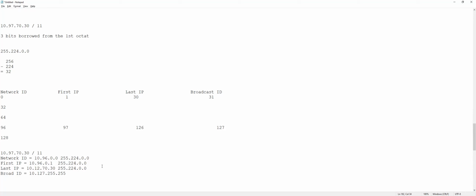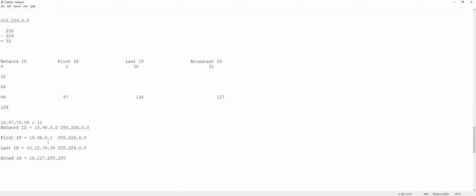Wait. Let's make sure we're not confused here. First IP, 10.96.0.1, okay, that's fine. And what did you say about the last IP address? 255.254.